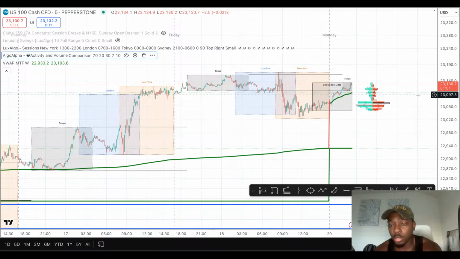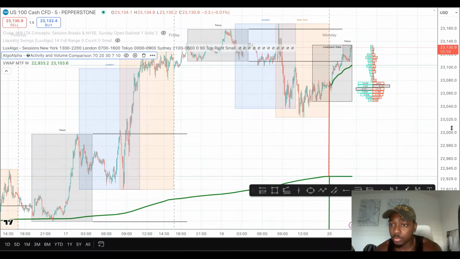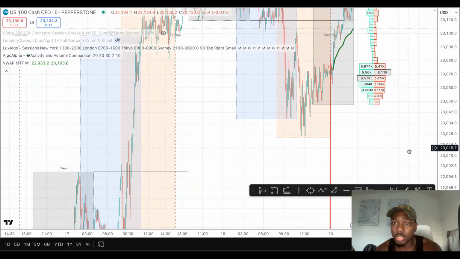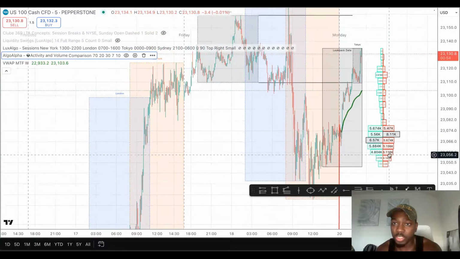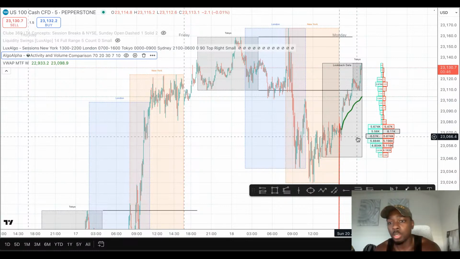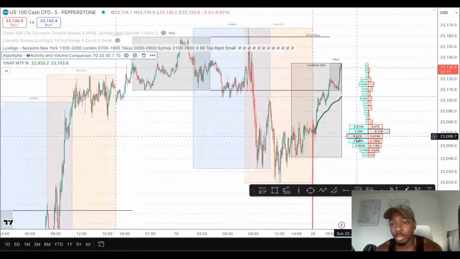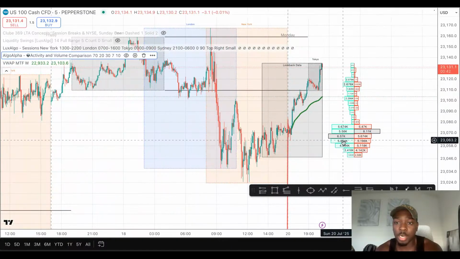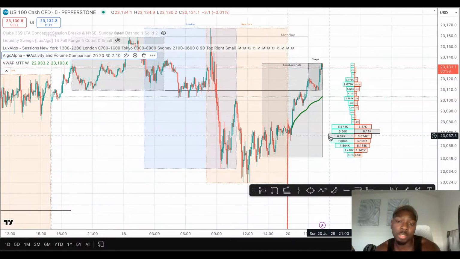All right. So in essence, what it does is every day, each session, it will mark out the volume for that session, where the orders are coming from in live action, right? So in this scenario, on the green side, that's where buyers are taking control. The green side, you see this gray little box.